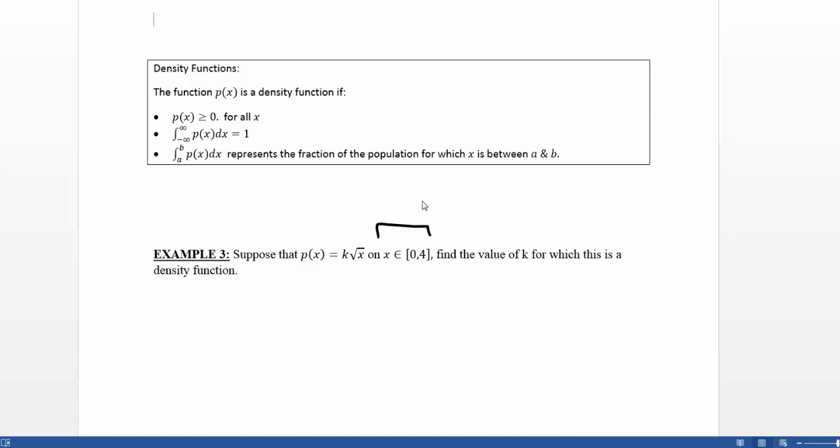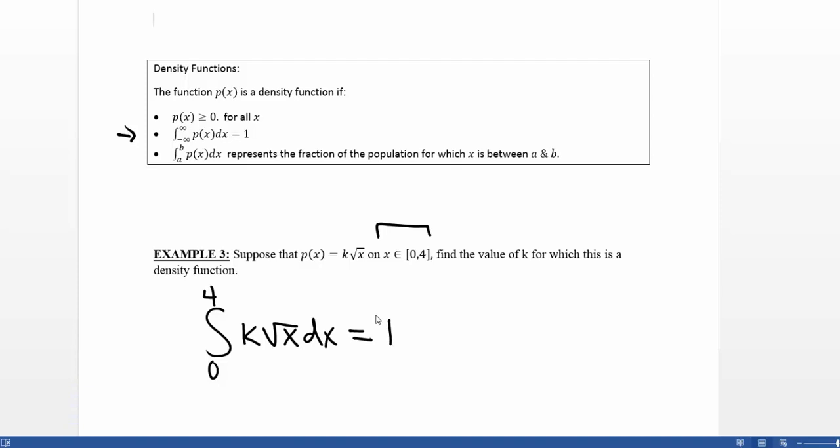So this is the bullet point that we really need to use here in order to solve this problem. So here we're going to go from 0 to 4, which is our entire domain, of k times the square root of x dx. And we know that in order for it to be a density function, that has to equal 1.